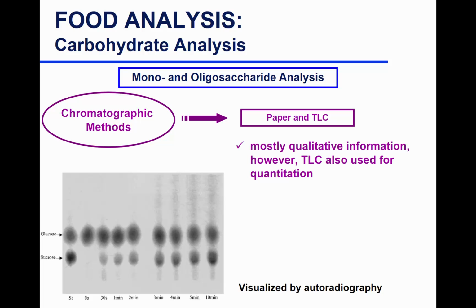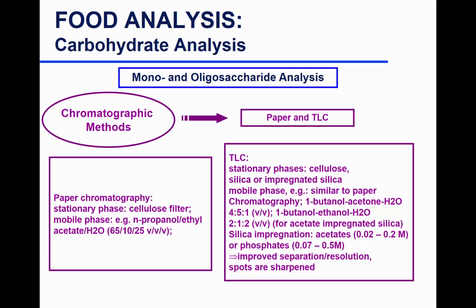But you've seen this gel or image before. It's paper chromatography or even thin layer chromatography, and you can visualize different components by autoradiography. And this is just FYI, a reminder of what the stationary phase could be made of and what would be a mobile phase.